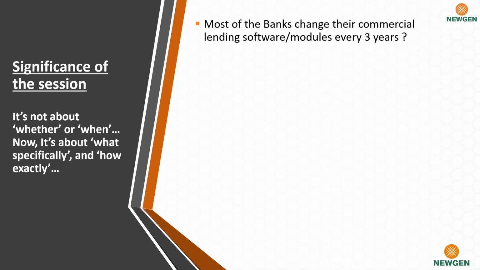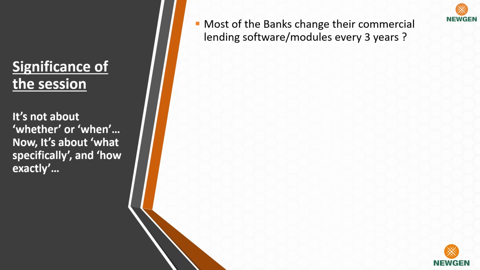As per our experience and in talking to hundreds of banks and credit unions, we've understood that most of these institutions are changing, updating, replacing their commercial lending software or some of the peripheral modules like spreading or pricing every 3 years.